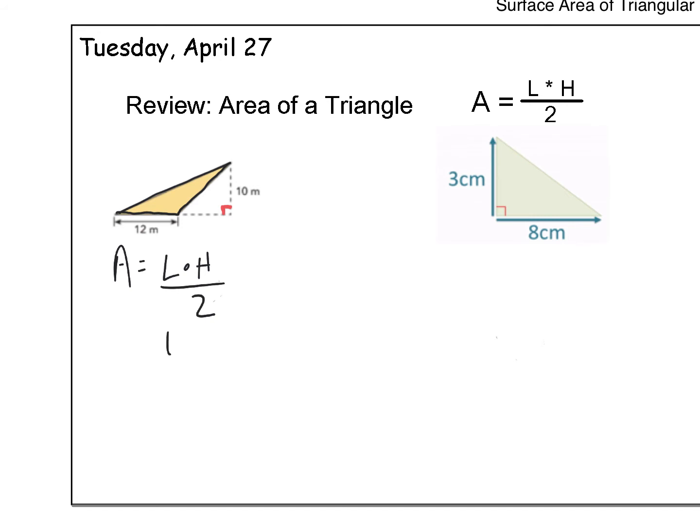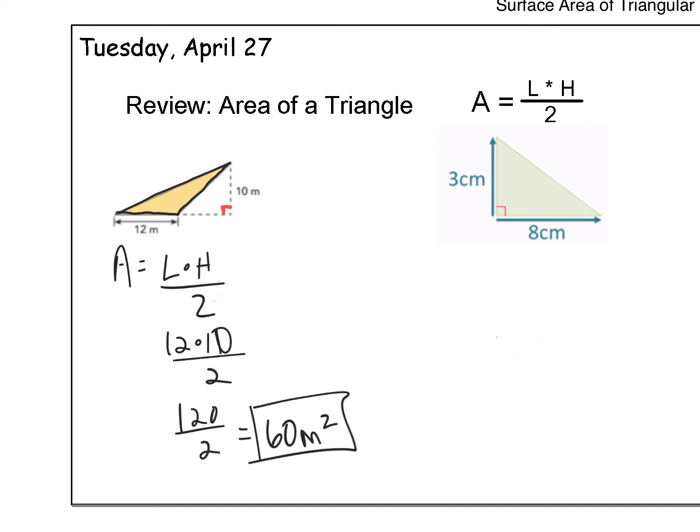So our length is going to be 12, our height is going to be 10, and then we divide that by 2. All right, so 12 times 10 is going to give us 120, and 120 divided by 2 is going to give us 60. So that would give us 60 meters squared, just for the area of that triangle.